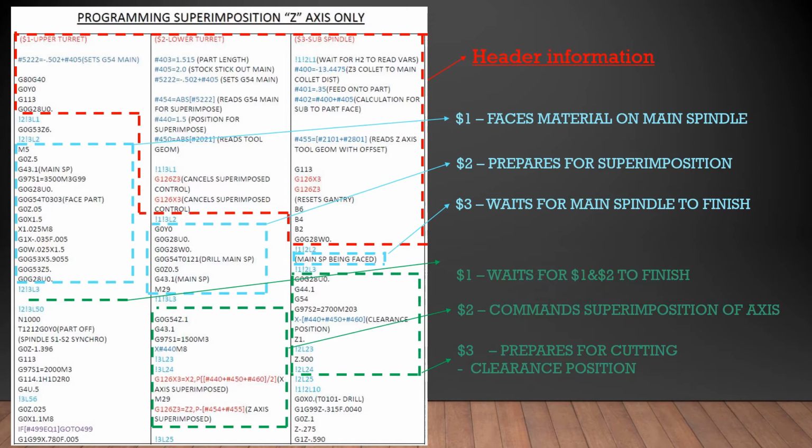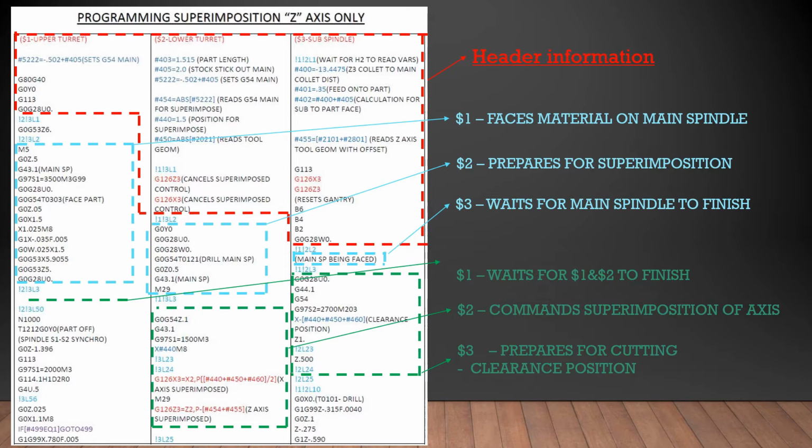Now look above that in the header information, and you'll see G126 Z3, and below that G126 X3. That's canceling the superimposition before we call it up again, because we want to make sure there's no previous superimposition active. It's a little bit of an insurance policy.